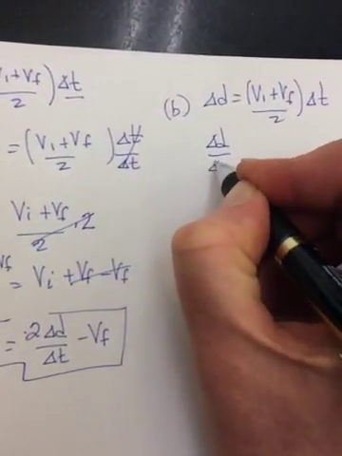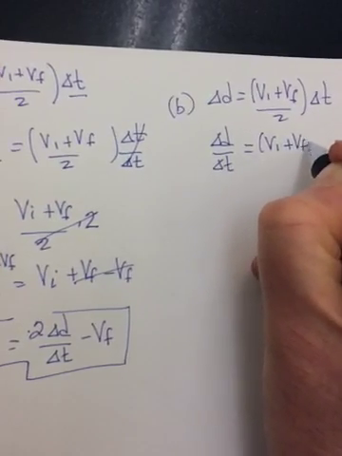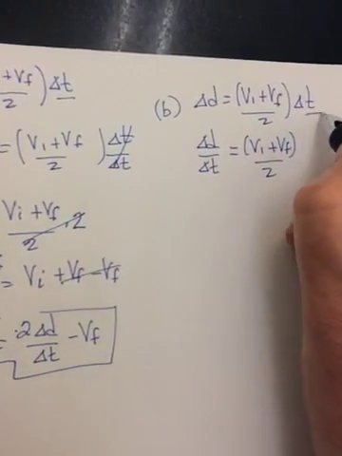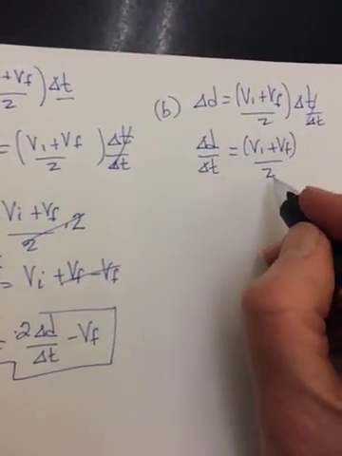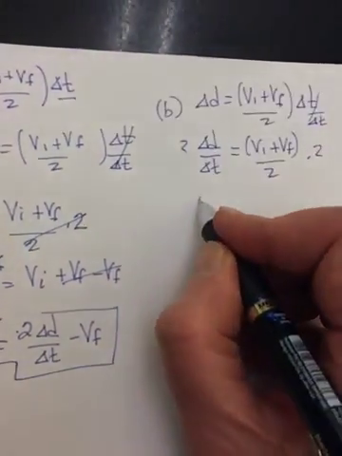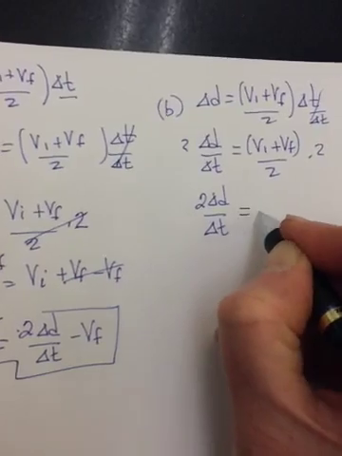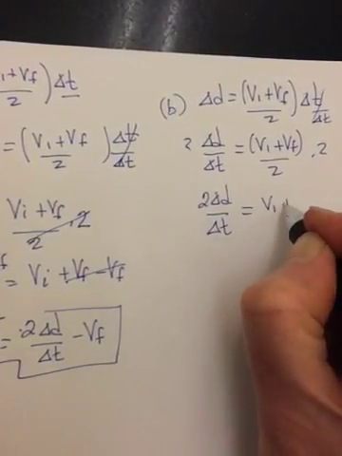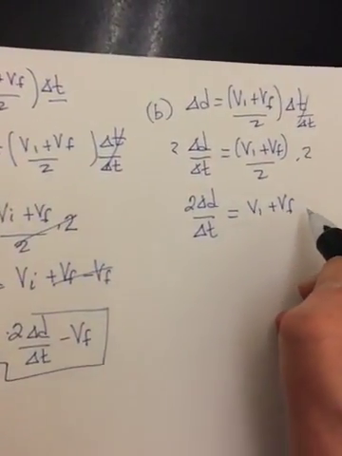Divide both sides by delta T. So you'll have VI plus VF over 2, and the delta T's will go when you divide, right? And then you want to get the VF by itself, so you need to get rid of the 2. So multiply both sides by 2. So it'll be 2 delta D over delta T is equal to VI plus VF. It looks exactly like the first steps we did over there.